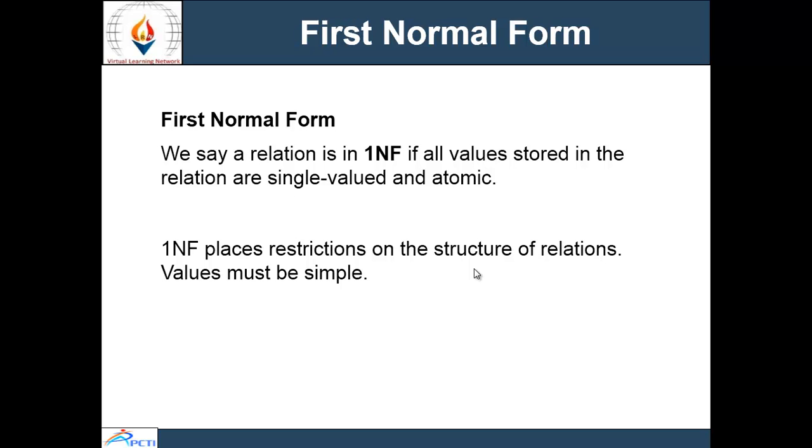Then, in case of updation anomalies, to update the address of a student who occurs twice or more than twice in a table, we will have to update the address column in all the rows, as otherwise the data will be inconsistent. This is the updation anomalies, which is a major problem in case of unnormalized data, because if a particular record is repeated 1, 2, 3 times, then if you want to update a particular field in that particular record, then the updation will have to be performed in all the rows, otherwise the data will become inconsistent.